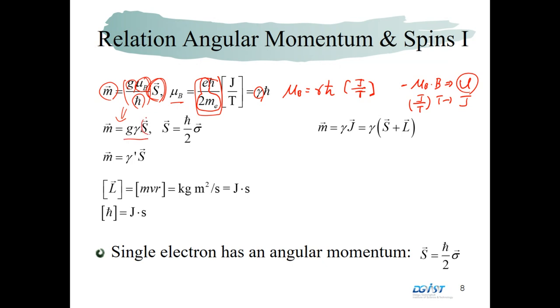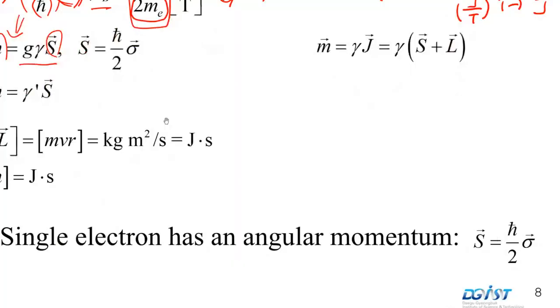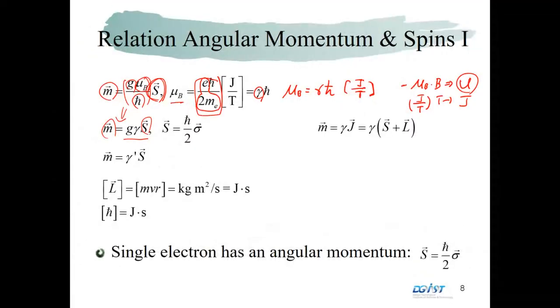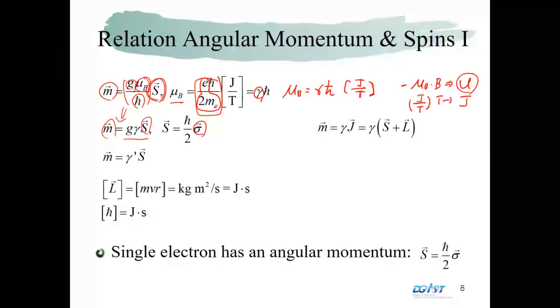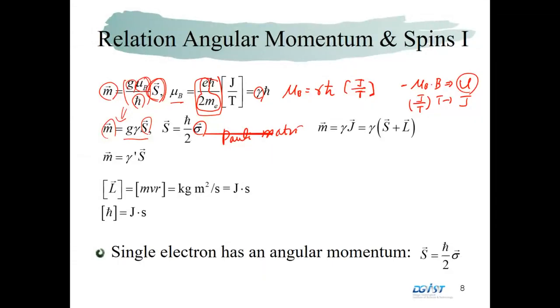Gamma times spin is the magnetic moment. And here the spin angular momentum can be represented by the Pauli matrix. This is for the spins, but more generally, the magnetic moment is proportional to the total angular momentum.